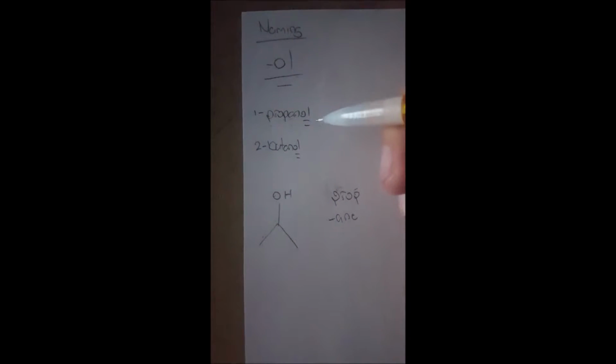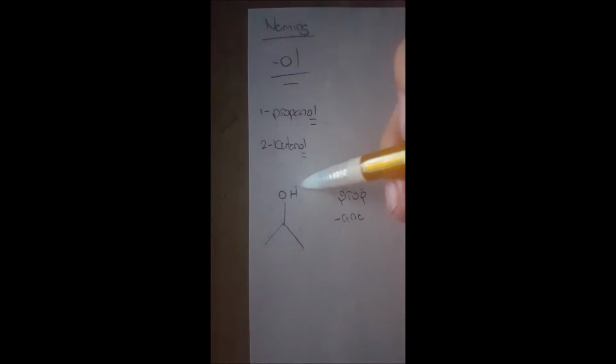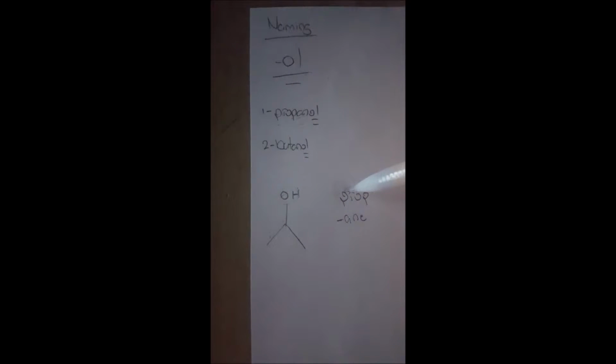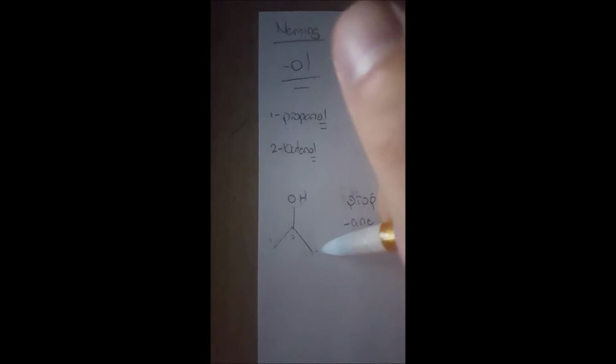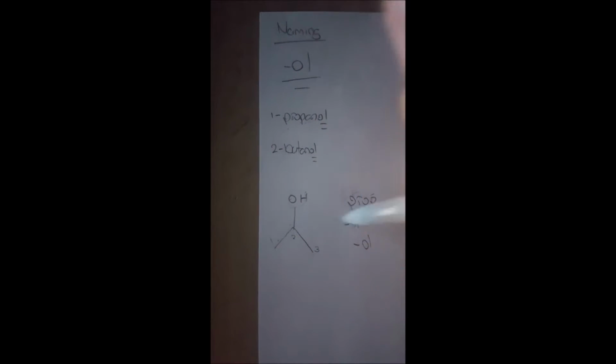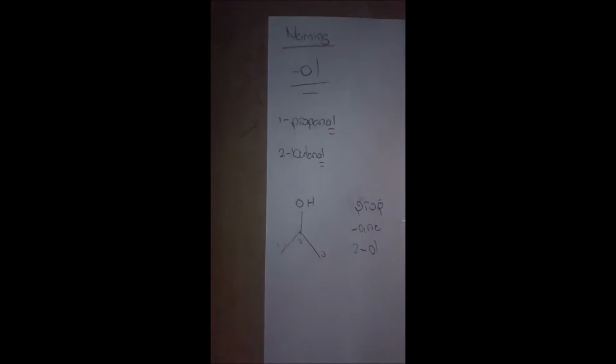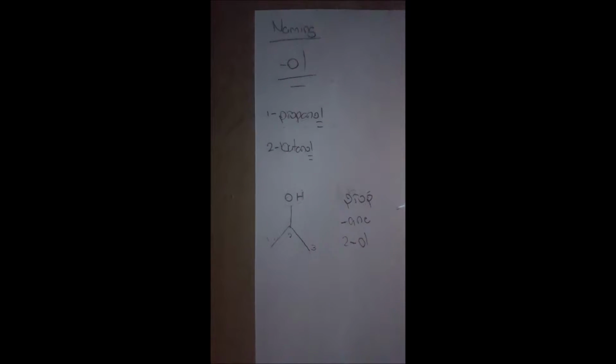Now we can also see that there is a hydroxide group next to them, which would cause it to be an alcohol. So on the second carbon, so it'd be 2-ol. Now all we need to do is put it together.